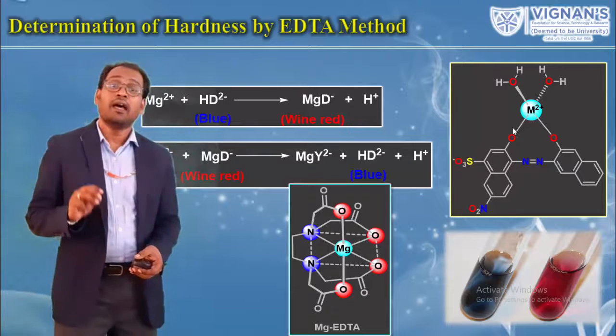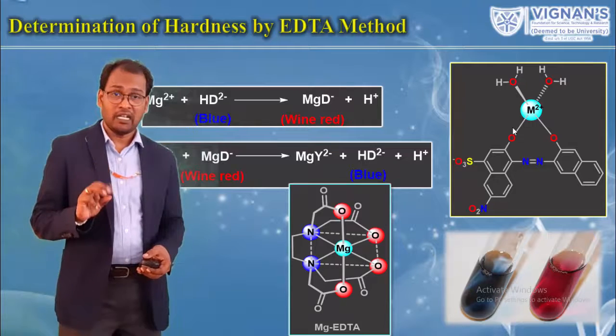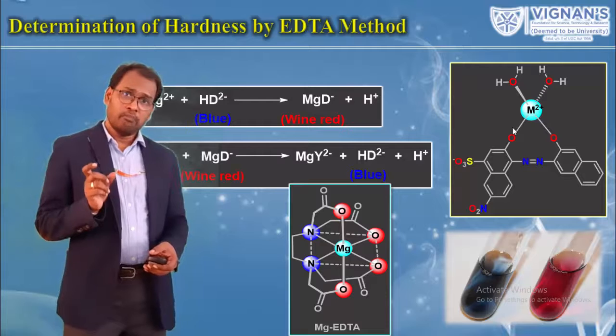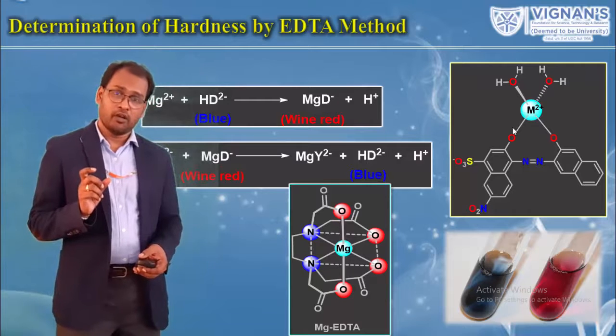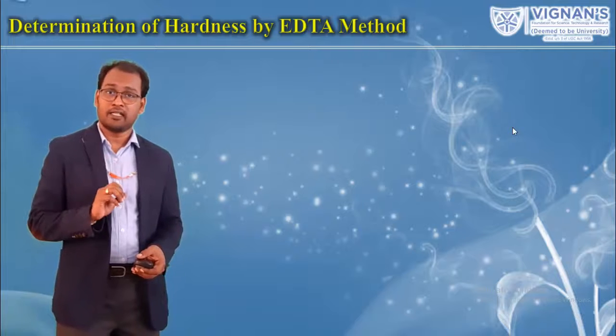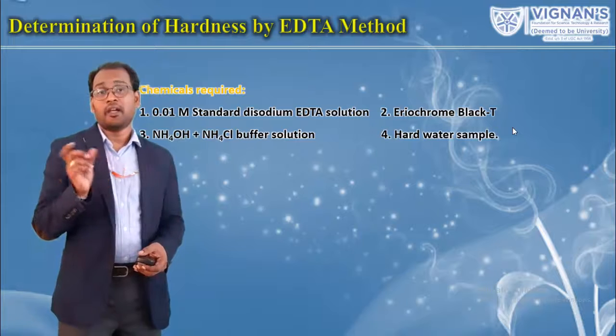And third, you need a buffer made of ammonium hydroxide and ammonium chloride, which maintains the pH at around 10. This pH buffer is very important, because if the pH is not maintained, the color change will not happen. As I said, the EBT shows color depending on the pH.